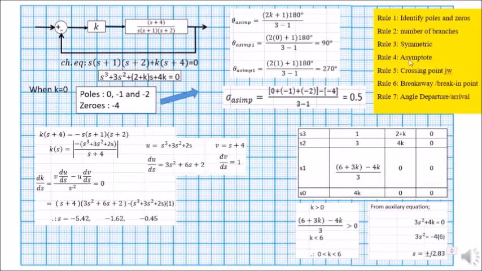Next, we go to rule number 4, where we have to determine the angle of asymptote and the intersection of asymptote. For the angle of asymptote, we apply the same formula that we discussed before: (2k plus 1) times 180 degrees divided by the number of poles minus the number of zeros.